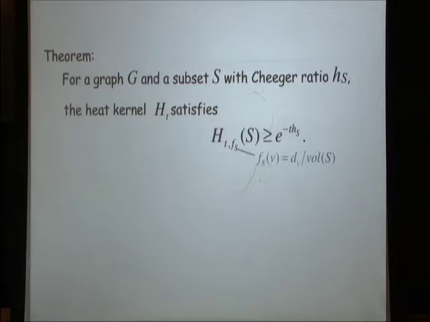So suppose you have a subset with a small Cheeger ratio. So it is sort of like a cluster, not too many edges leaving. Then it takes a proof. The heat kernel satisfies: if you have a seed chosen from a probability, choosing a random point in your cluster, then the weight will pretty much concentrate within that set.